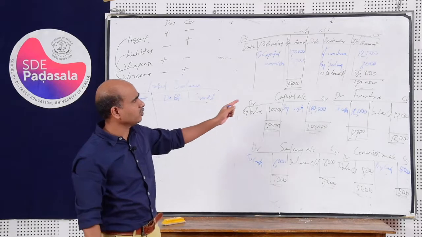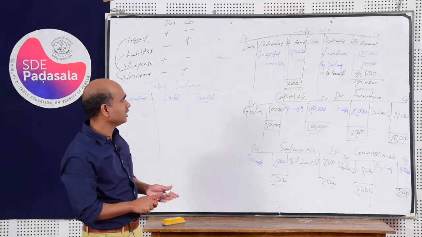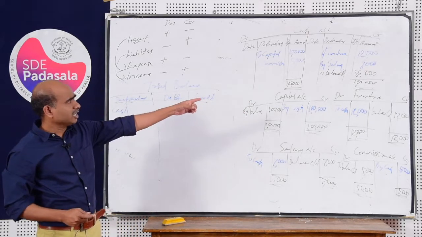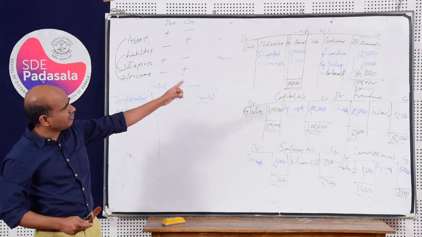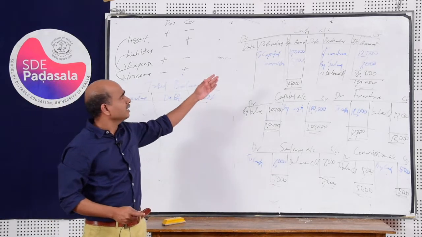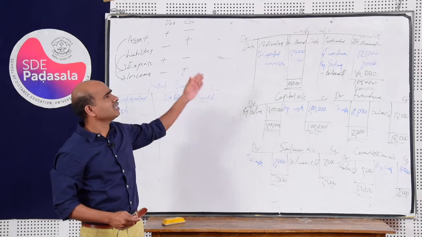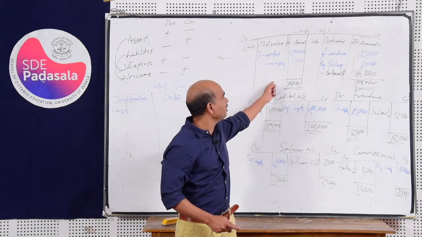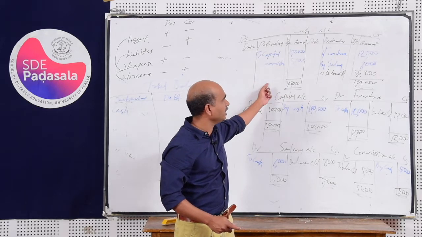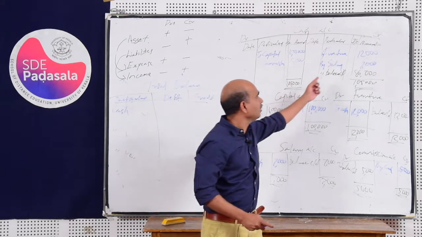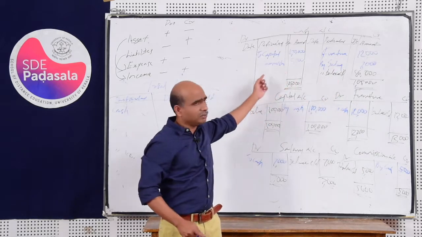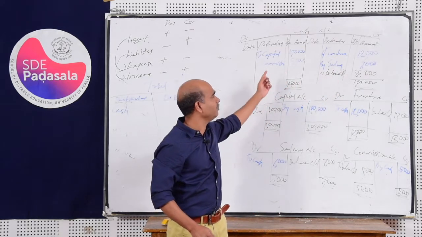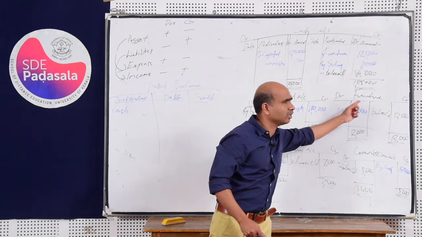Cash is having a balance of rupees 86,000. 86,000 means when the left hand side is higher, the balance is known with that side. Here the left hand side is having more amount, 1,05,000 here, here only 19,000. So, it means that it is having a debit balance of 86,000.